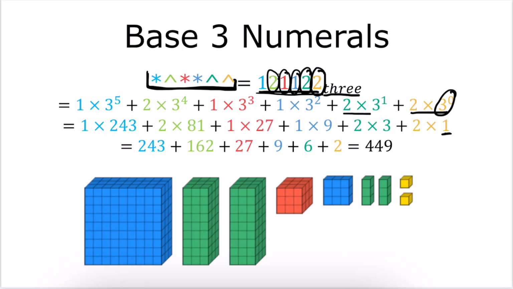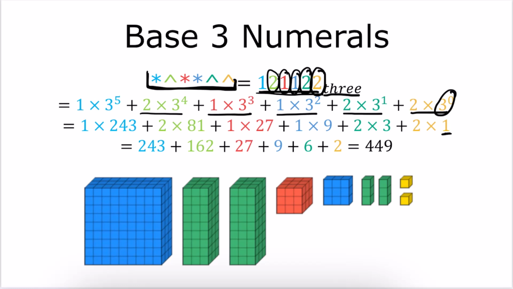Then I have a 2 in the threes column, a 1 in my nines column, which could be represented by 3 squared, a 1 in my 27s column, and a 2 in my 81s column, and so on. And this can be really helpful when you're trying to figure out what a base 3 number is in base 10.